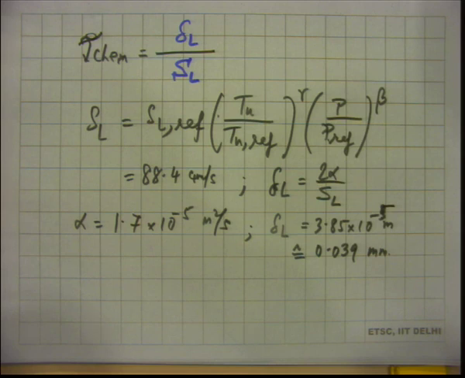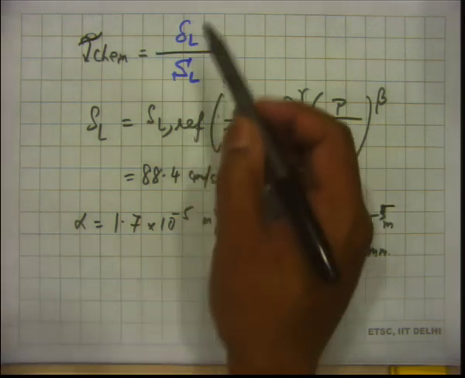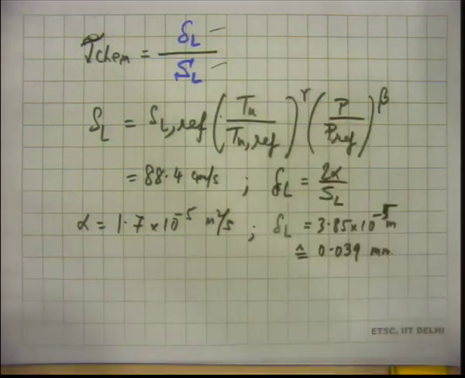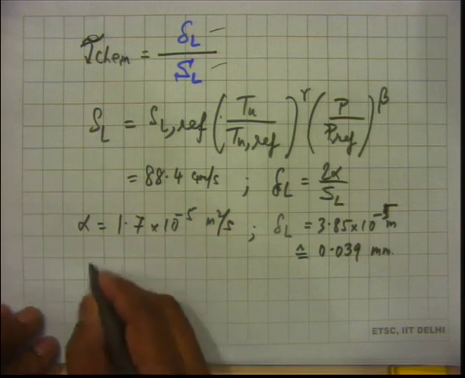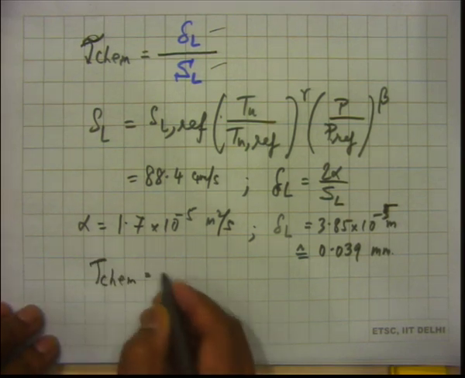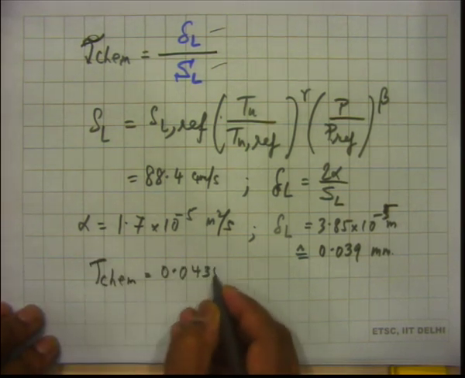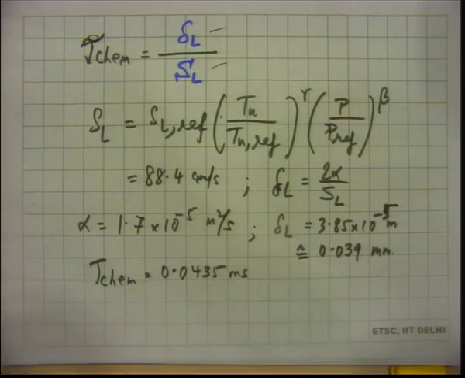Okay, so with the help of this, we can get a tau chemical, because now we have got delta L, we have also got SL. We got a tau chemical, and that tau chemical is this. I should write it, because this gives you some idea: 0.0435 milliseconds. So the chemical time is of the order of millisecond. Remember, we did some chemical time calculation a while ago when we were doing chemical kinetics.